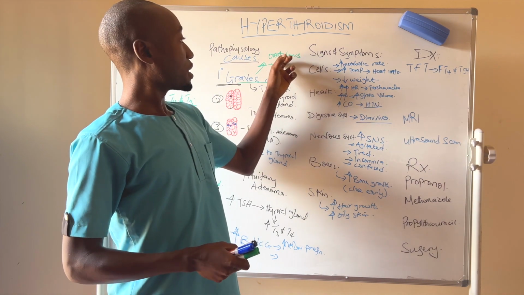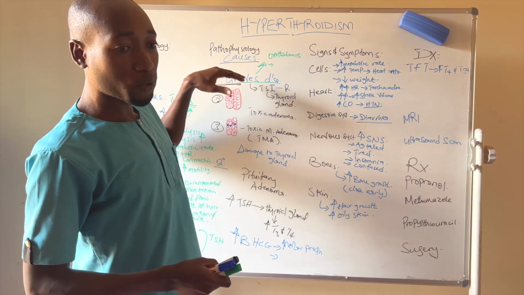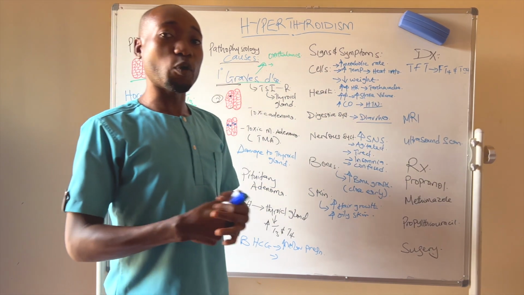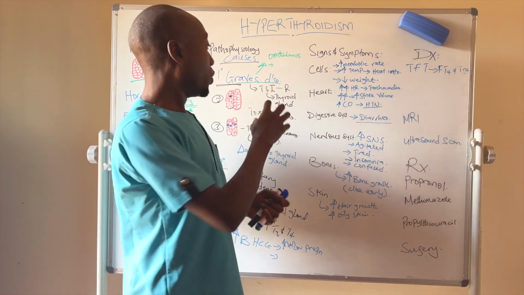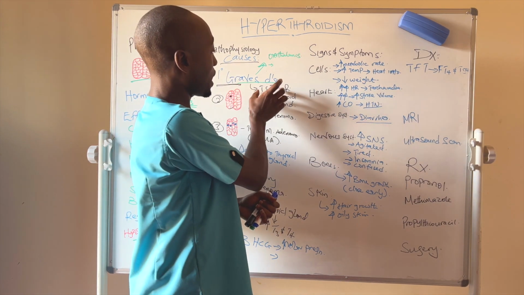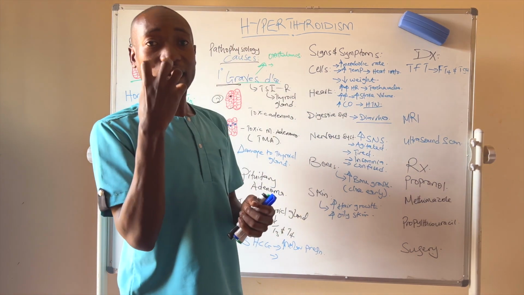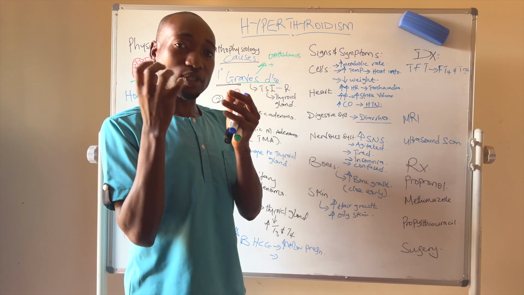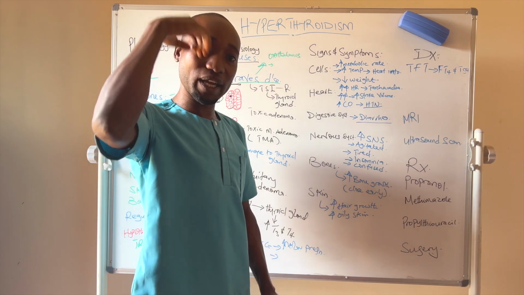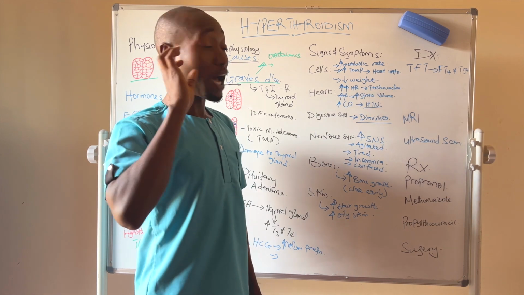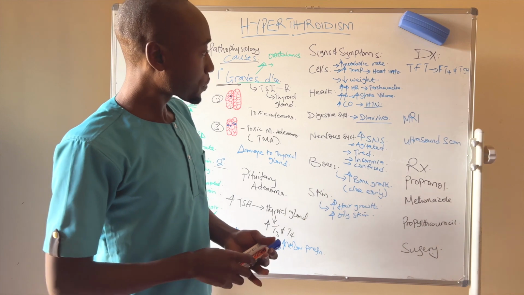Why is that the case? I will explain a lot more in a video that I will do about Graves' disease. But in brief, we have what we call glycans behind the eyeball. So, with Graves' disease, these TSI that we have talked about, they go into these glycans and they attract water. So you find there is accumulation of water in what we call the retroorbital areas, and then someone has exophthalmos, or the eye is actually protruding.